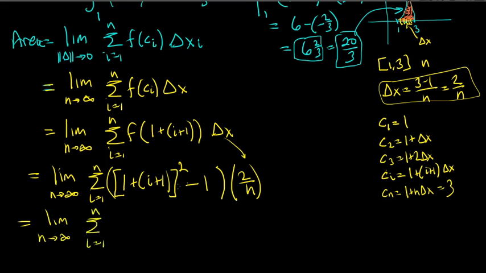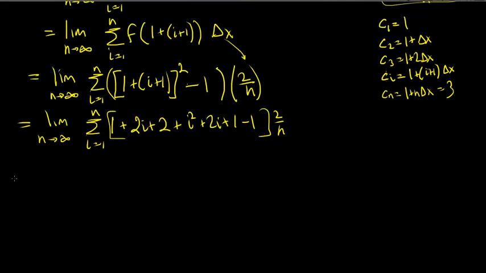All right. So when you square all this, you get 1 squared plus 2 times (i plus 1), so 2i plus 2. And then (i plus 1) squared is i squared plus 2i plus 1, minus 1. And then all of that times 2 over n. So when we simplify all that, what do we get?